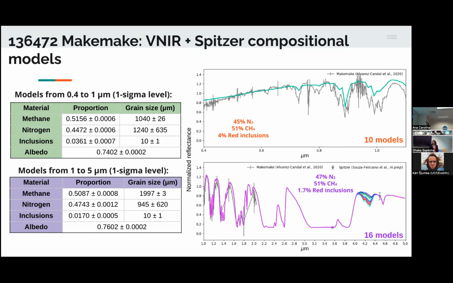If I was modeling this object, I would put methane to fit this absorption line. I would put some kind of dark material because of the concern about the albedo, but I had a lot of possibilities to do that.